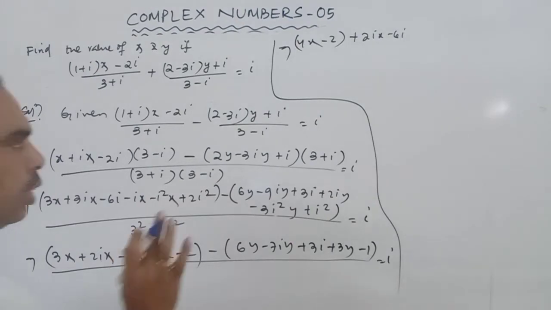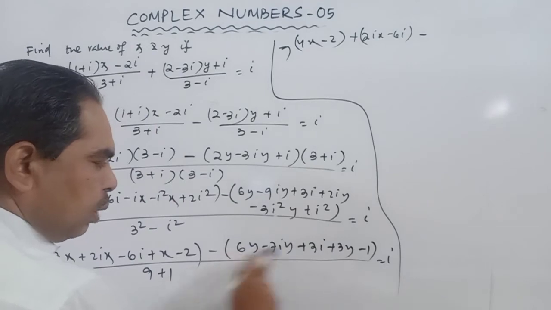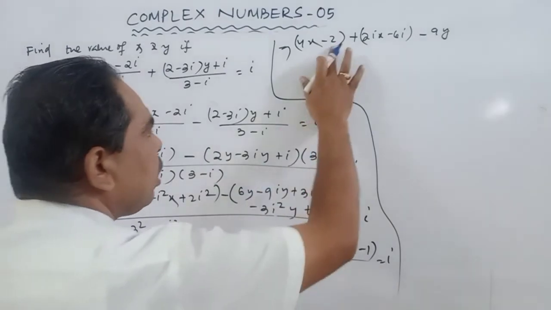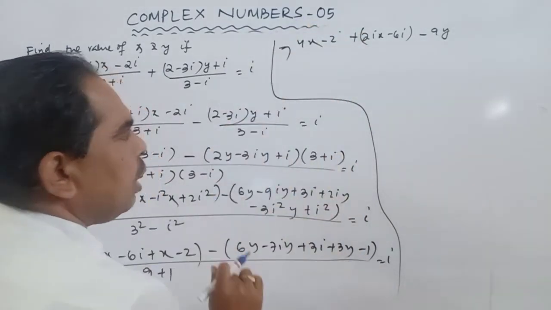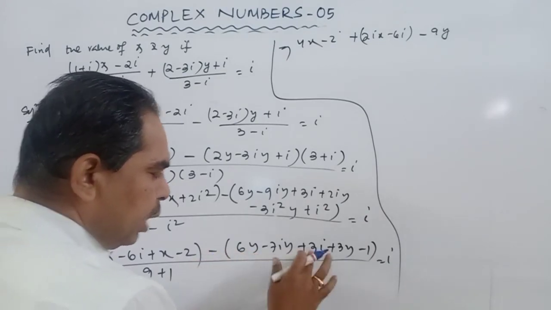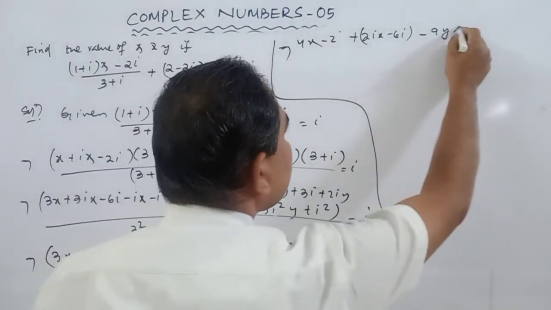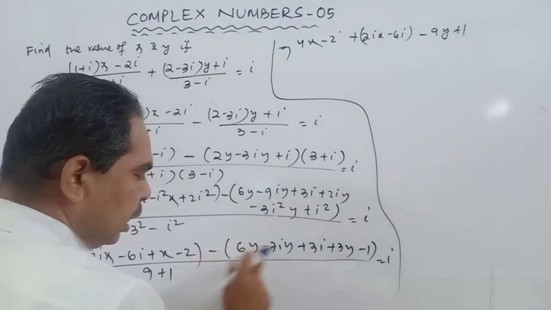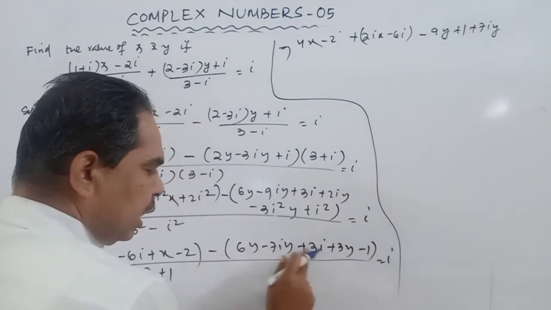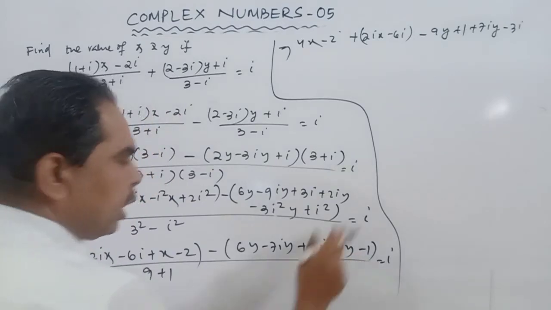Okay, minus 6y plus 3y, 9y, so minus 9y. Next minus plus 7iy, minus 3i, minus 9y plus 1, this minus plus 7iy, minus 3i, is equal to 10i.